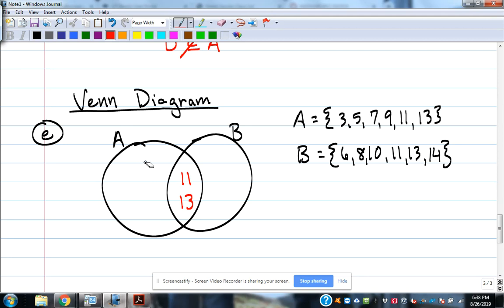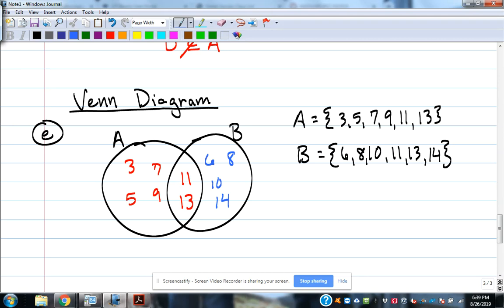Elements in A: 3, 5, 7, 9, 11, and 13 are in A. They're all in the A circle, so I've got the A circle finished, with all my elements in there. And then the B circle, I've already put down 11 and 13. I need to put everything else: 6, 8, 10, and 14.